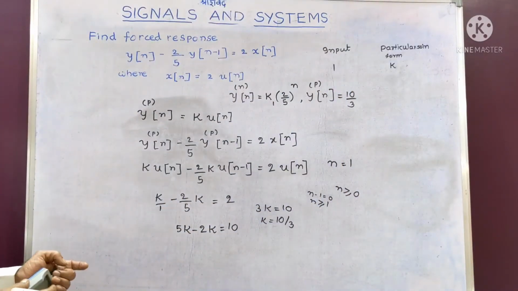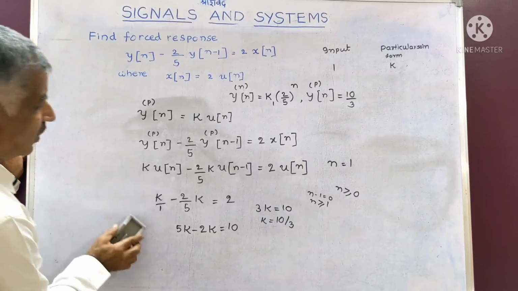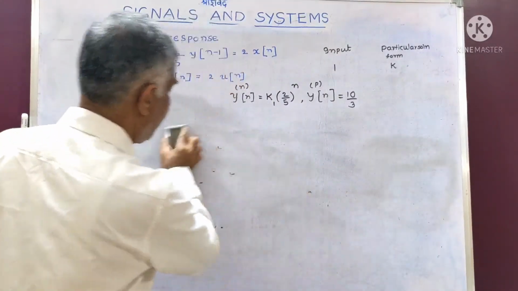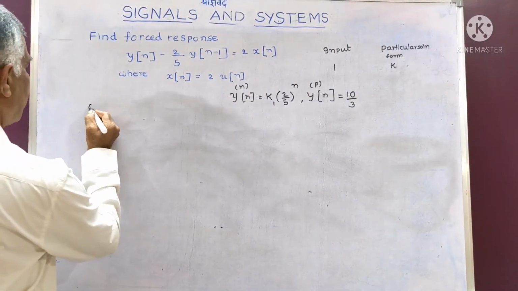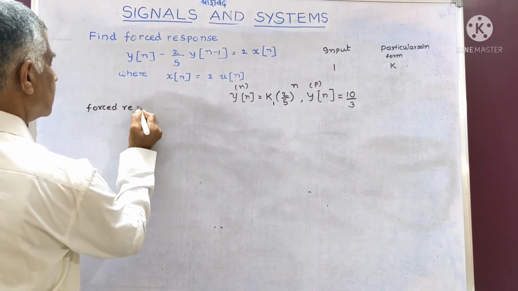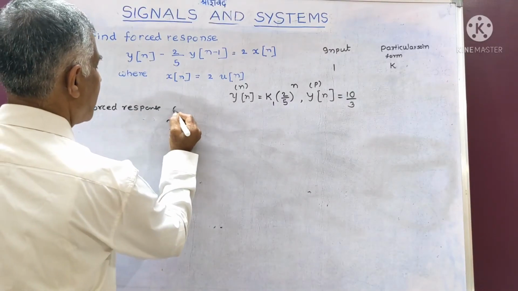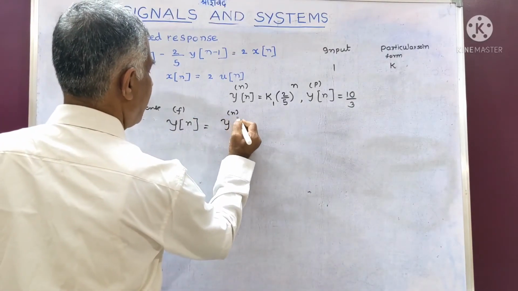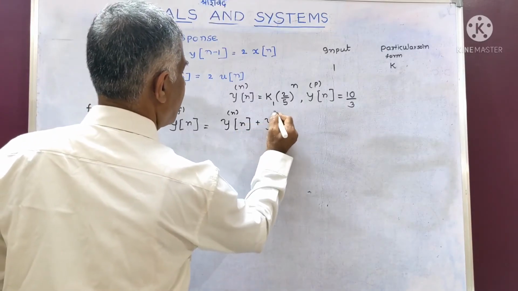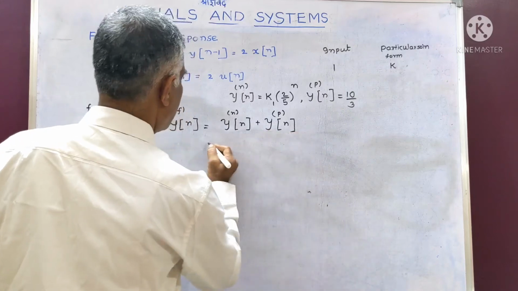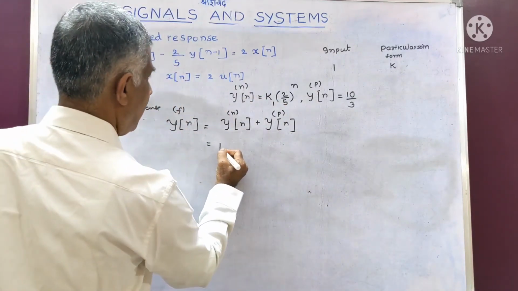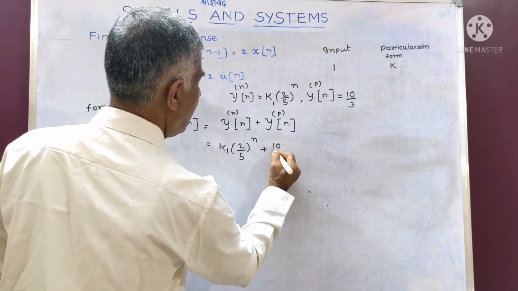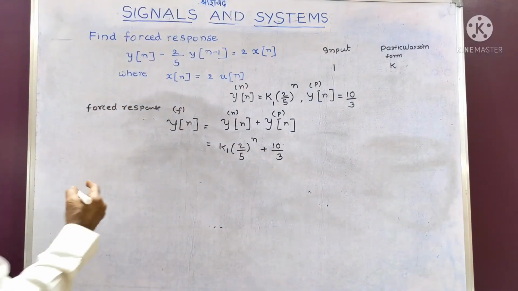Now the total solution, that is the forced response, is given by yf of n equal to yn of n plus yp of n, that is k1 times 2 by 5 to the power of n plus 10 by 3.